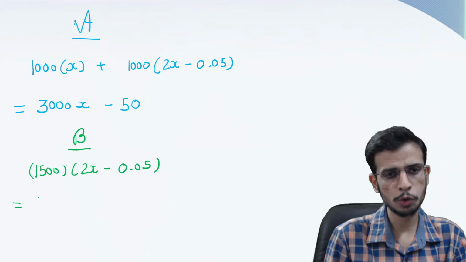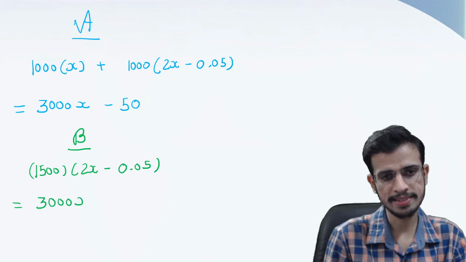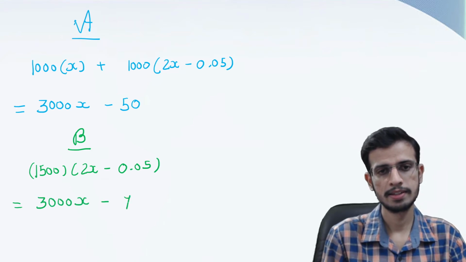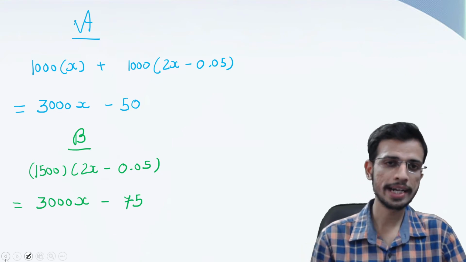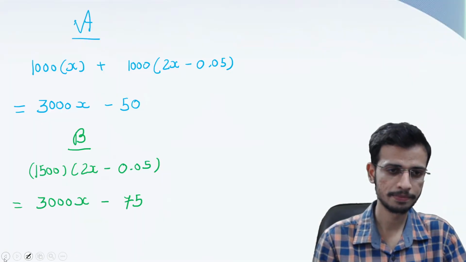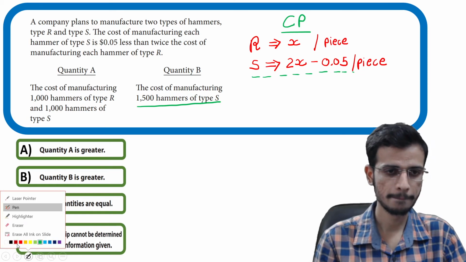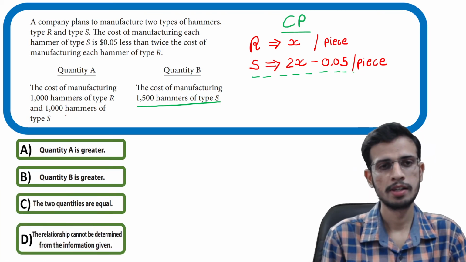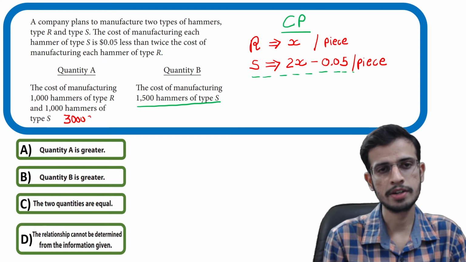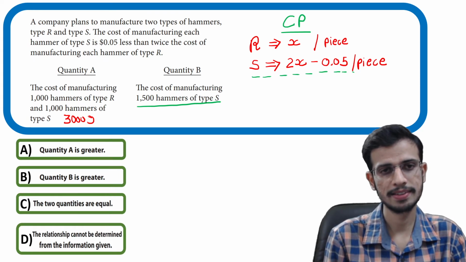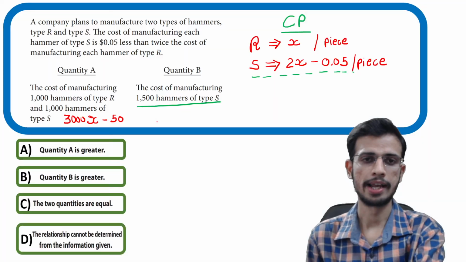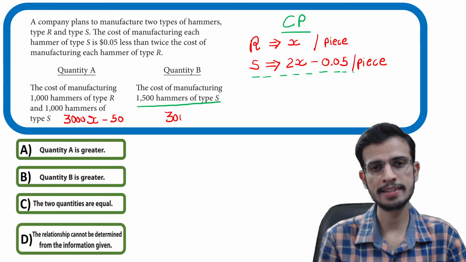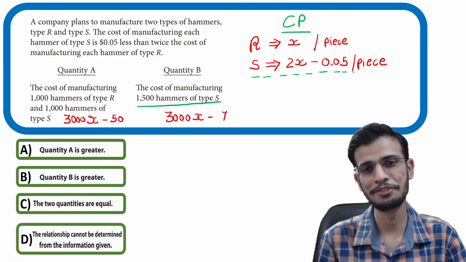So that will be equal to 3000 times x minus 75. So we can write these quantities over here: 3000x minus 50 and 3000 times x minus 75.